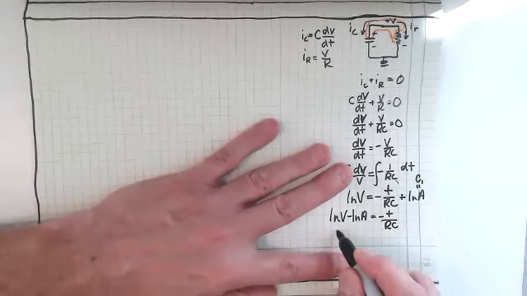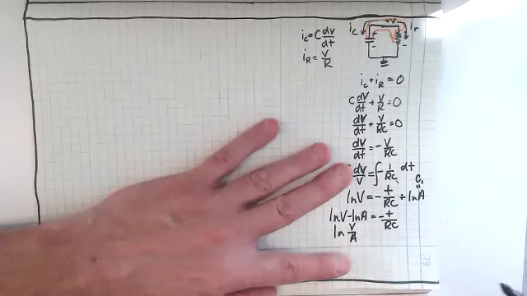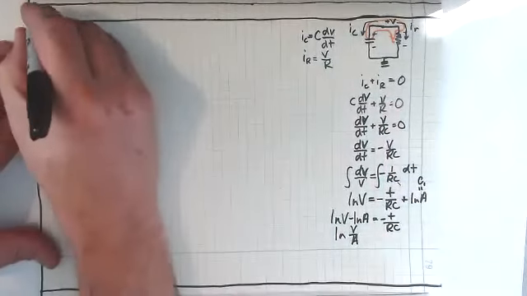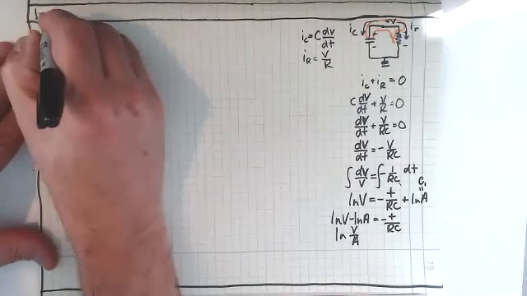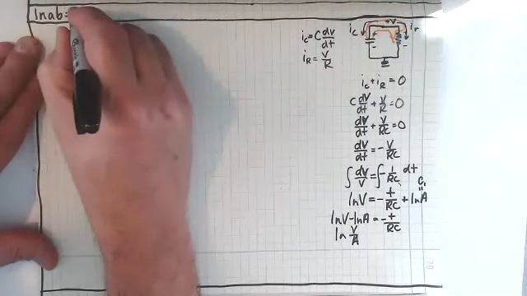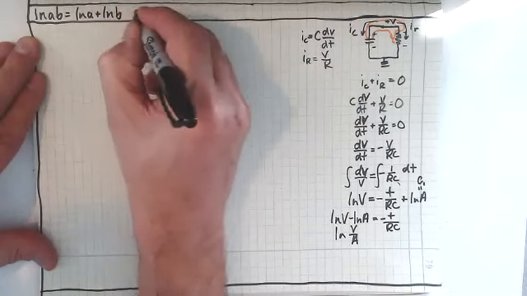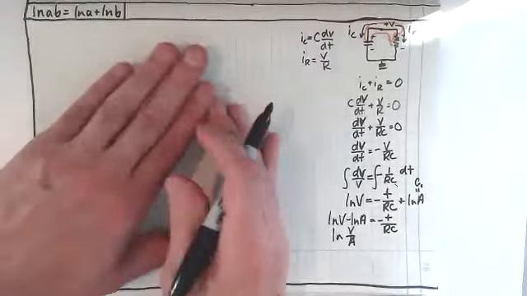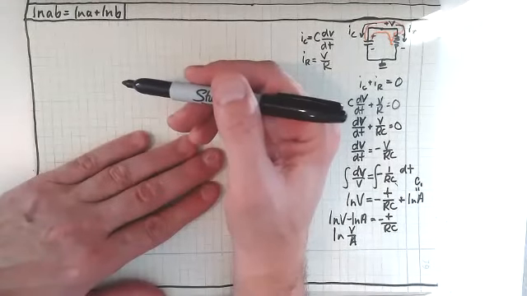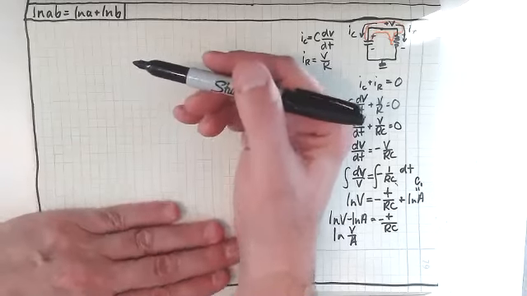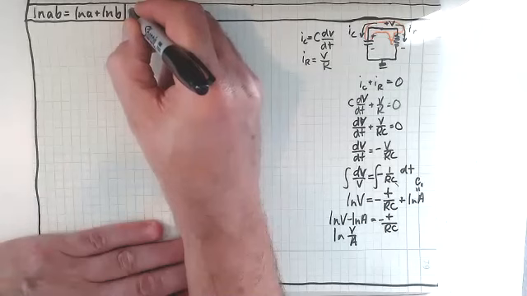And this would just be the natural log of v over a, because we use the identity that the natural log of a times b equals the natural log of a plus the natural log of b, right? That's one of our logarithmic identities, whatever you want to call them.